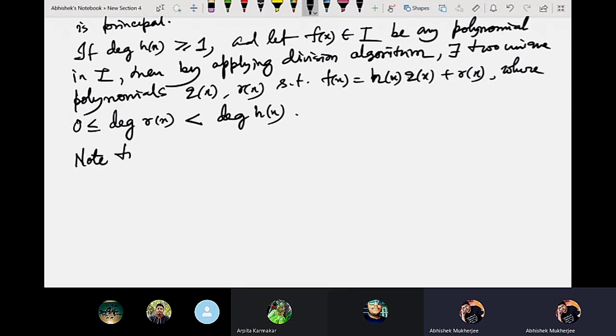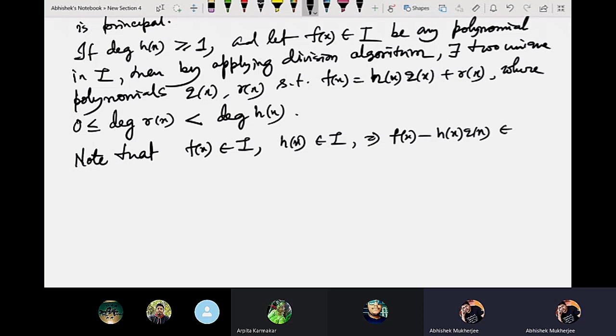Now note that f(x) belongs to I, h(x) belongs to I, and this will imply that f(x) minus h(x)q(x) must be in I, as I is an ideal in F[x].